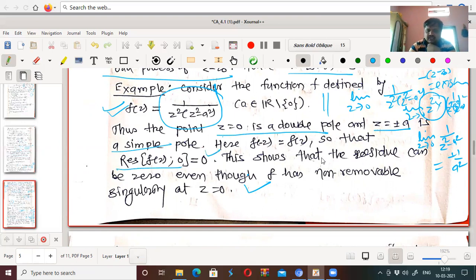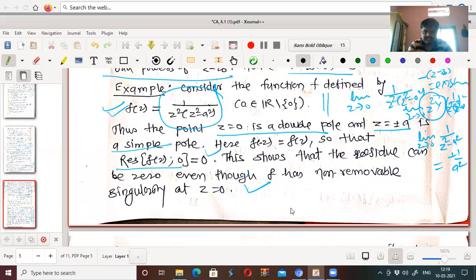In the previous example, we have shown that if the function has a removable singularity, then its residue is 0. But it is not only that. If f has a non-removable singularity, then there may be such singularities at which the residue is again 0. A function having a non-removable singularity may have residue 0.